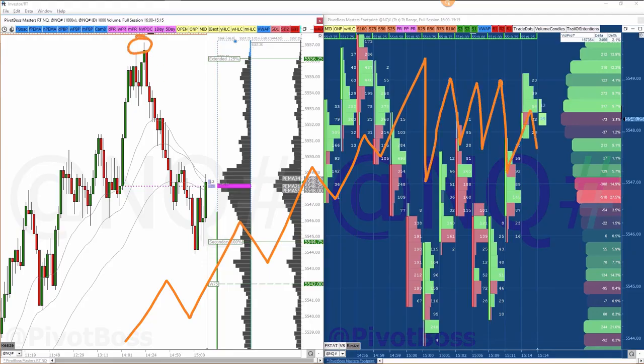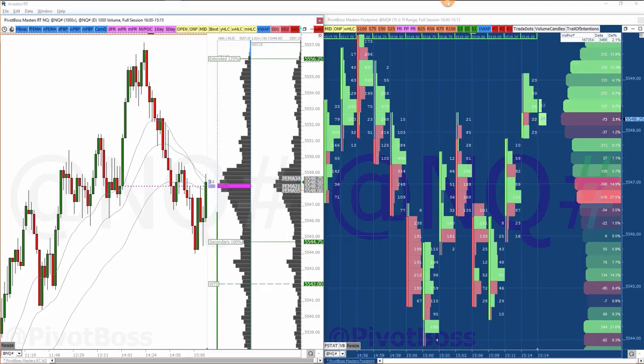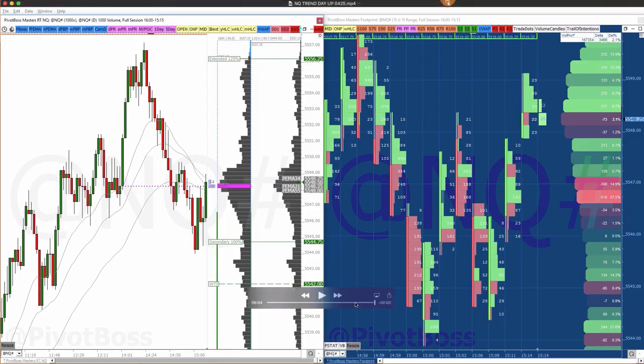That was your spike high. Happened right off 57.25, dropped into the zone. Ideally, this is where bulls want to defend, but they couldn't get it going this time. And that creates the impulse move down.